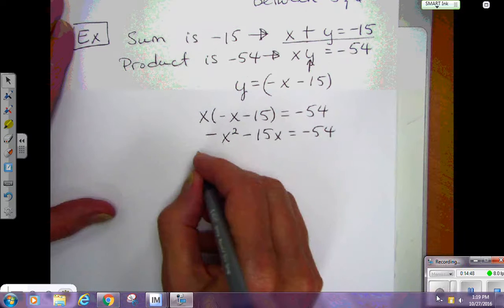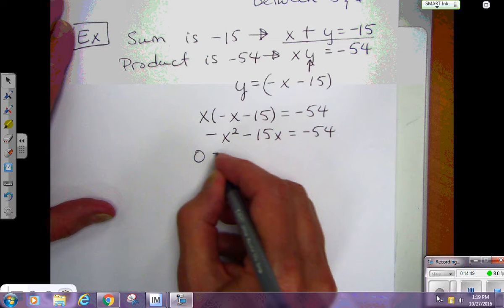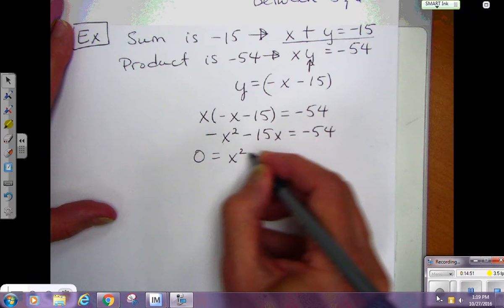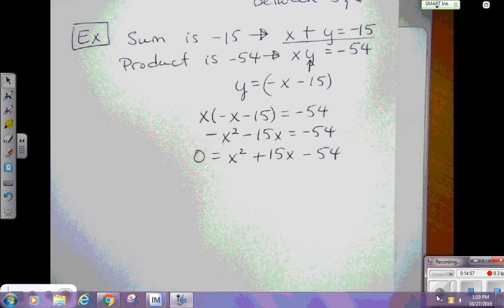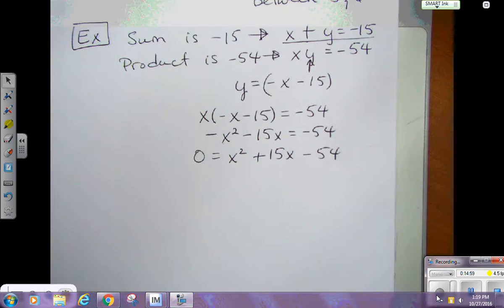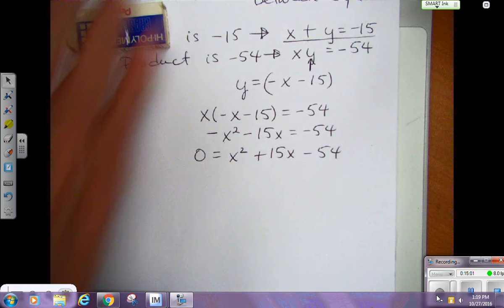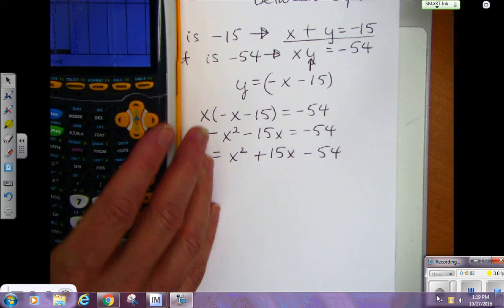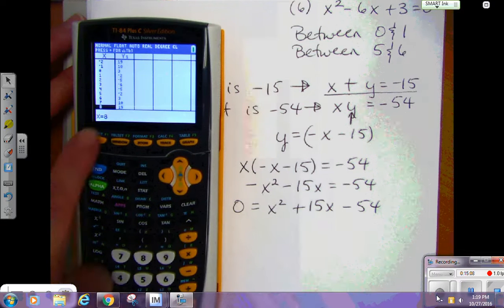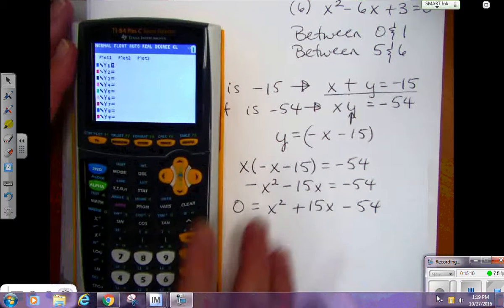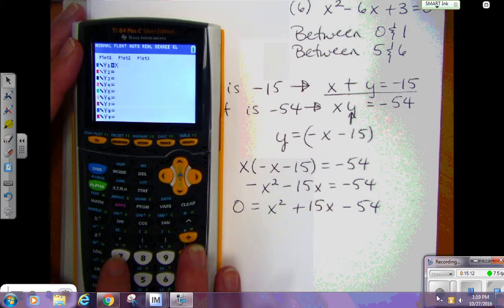Okay, so I have x squared plus 15x minus 54 is my quadratic. So I'm going to go back to my calculator and type that into the y equals screen. Okay, and graph it.